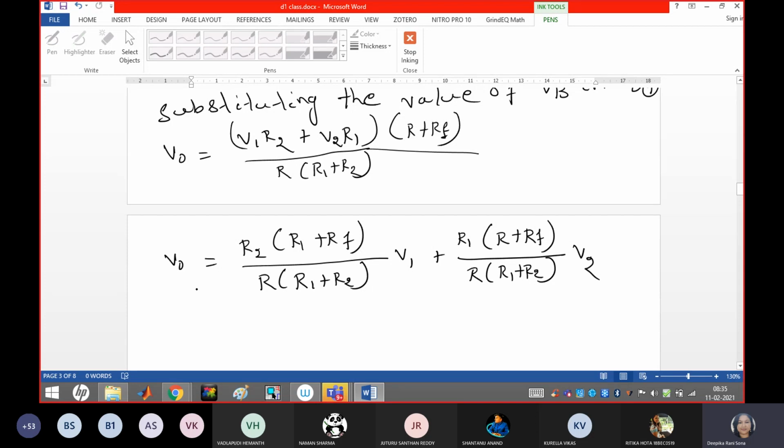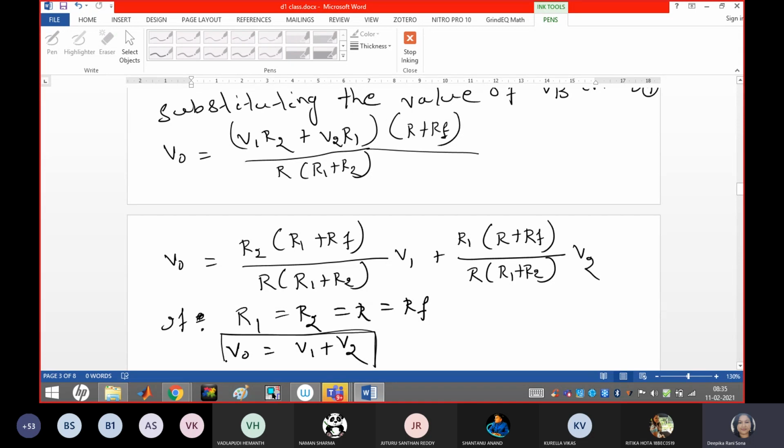Then we may cancel out the terms if we consider all the resistance values equal. If we take R1 equal to R2 equal to R equal to RF, the final V0 equation is V1 plus V2. This is the output voltage equation of the non-inverting summer.